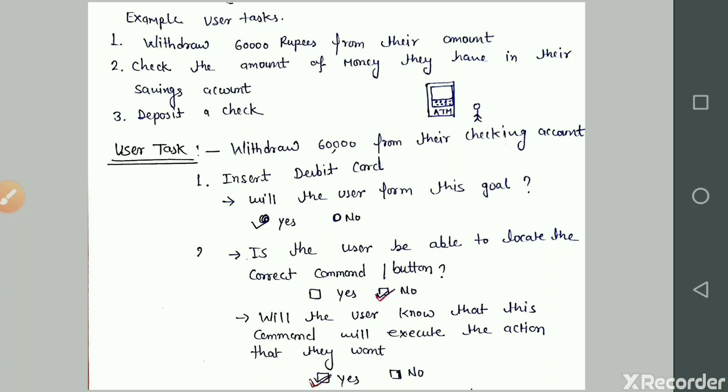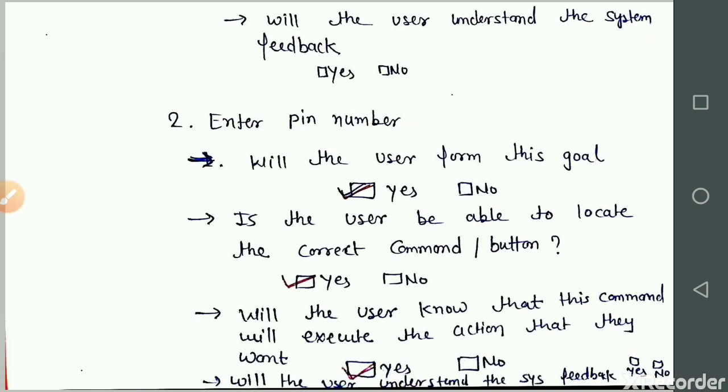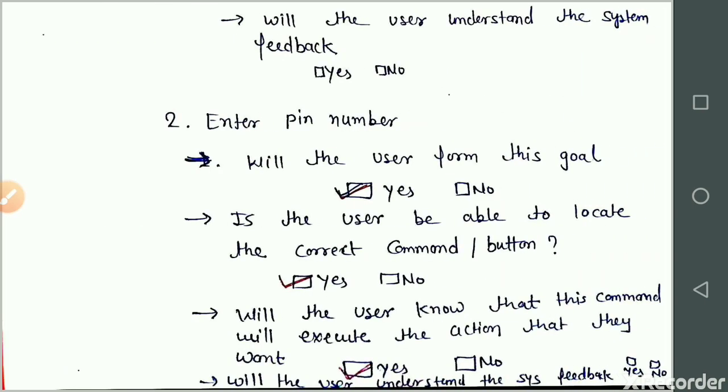If yes, will the user be able to locate the correct command? Yes or no, selected according to the user. And the third question is, will the user know that this command will execute the action that they want? Yes or no, according to the user. After that, will the user understand the action and the feedback? Yes or no, depends on the user.